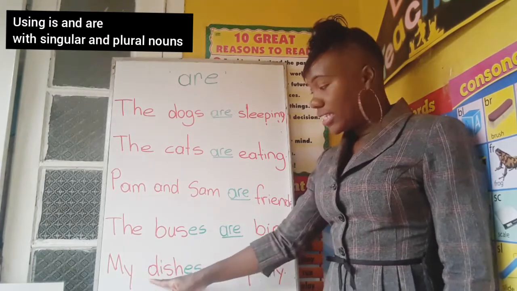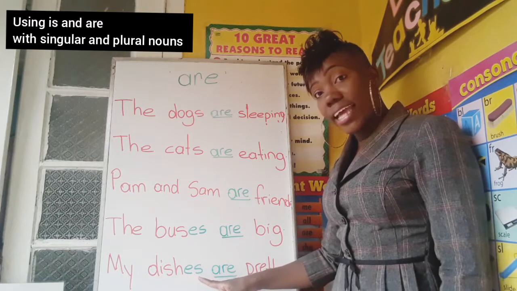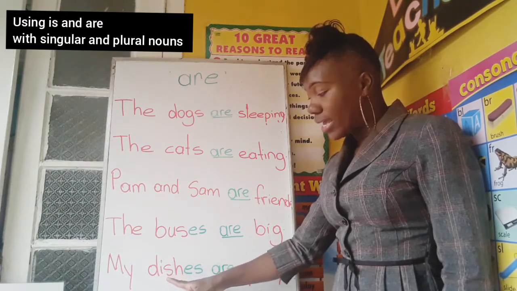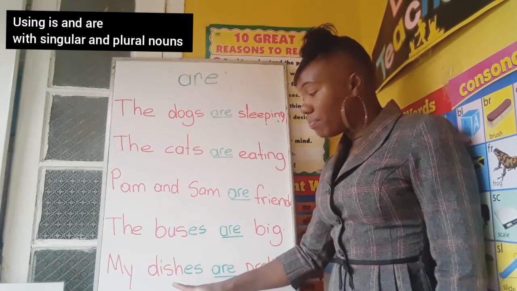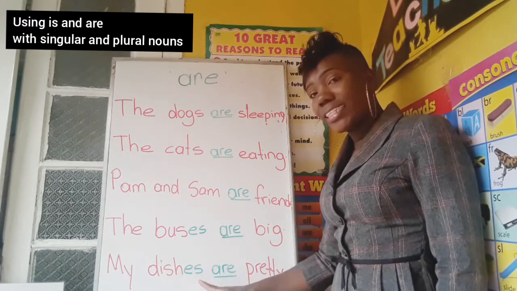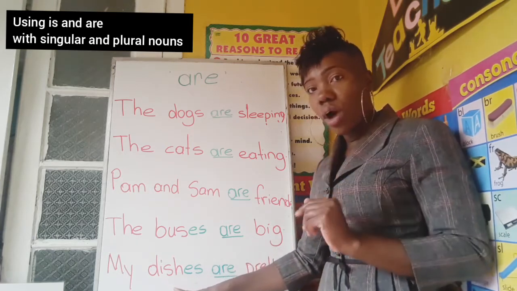My dishes. And as you can see, we add es at the end to make dishes plural because of s and h. For nouns that end with s and h, we add es at the end to make them plural, make them more than one.